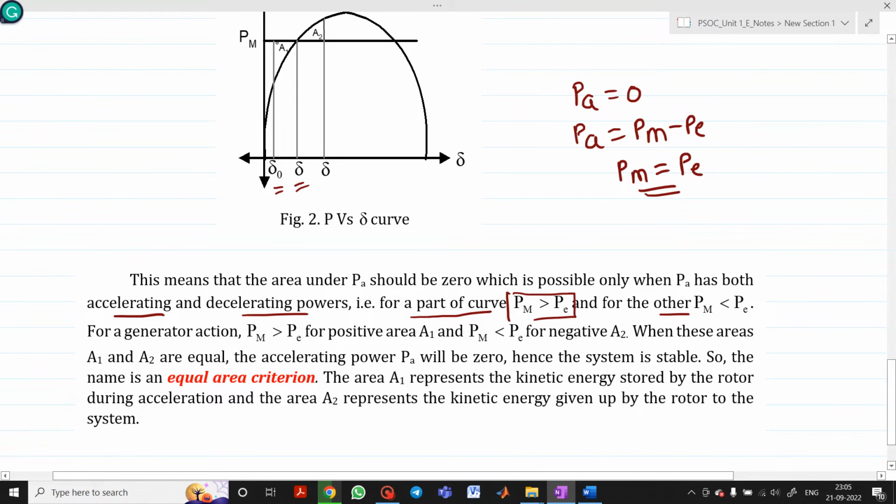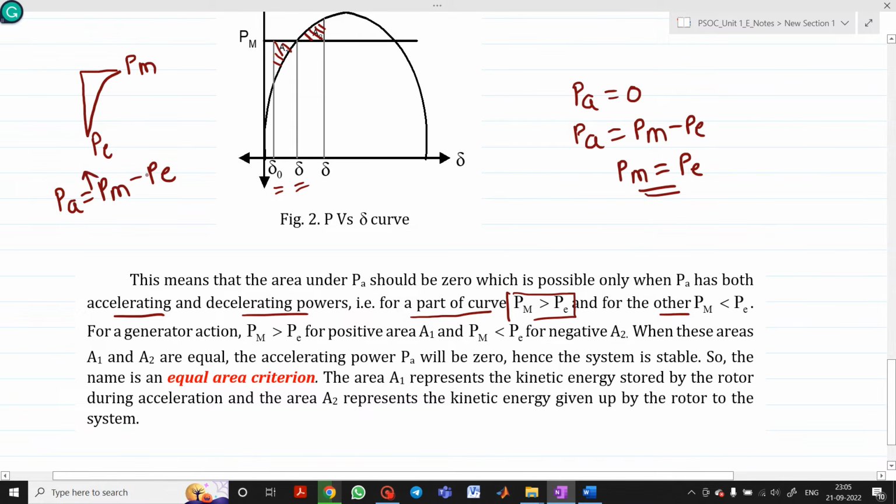If you see here, this is the area A1 which is accelerating, and this is area A2, the deaccelerating area. Why is this called the accelerating area? Because if you observe, the diagram is like this. This is your upper limit and this is your lower limit. The upper limit is Pm, the lower limit is represented by this curve Pe. So Pa will be equal to Pm minus Pe.